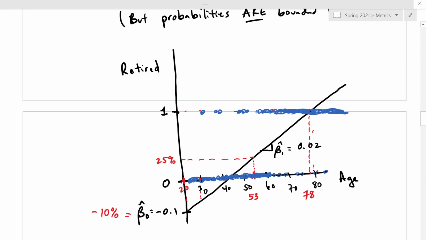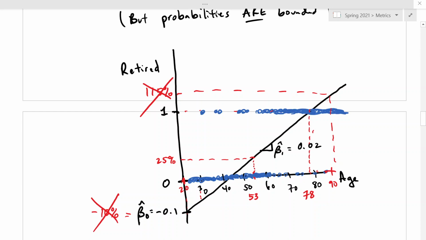And if you're, let's say you're 90, at 90, your probability of retirement is, say, 115% for a 90-year-old. That's a problem because 115% and negative 10%, those are not probabilities.